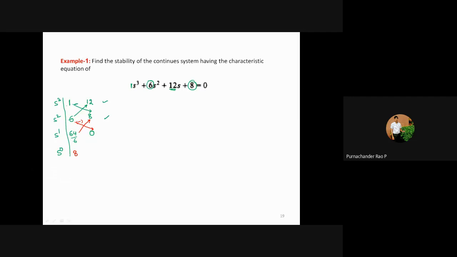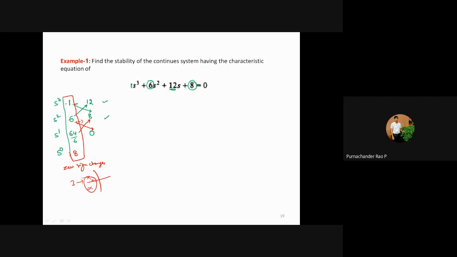Now if you observe, is there any sign change in the first column? There are no sign changes, so 0 sign changes. Therefore, all the roots, here there are 3 roots, are located on the left half of the s plane.